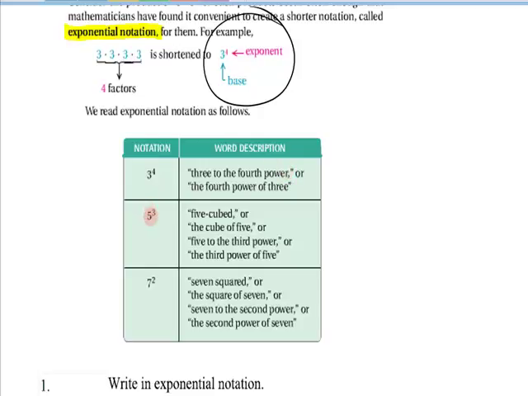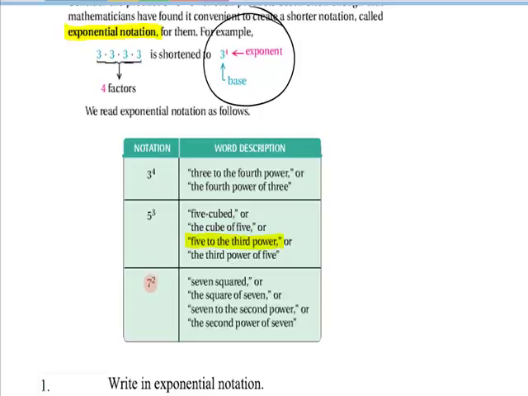All right, 5 with the exponent of 3. I think this one would be most common right now, that this is 5 to the 3rd power. But when you raise something to the 3rd power, sometimes it is replaced with the idea of cubed.